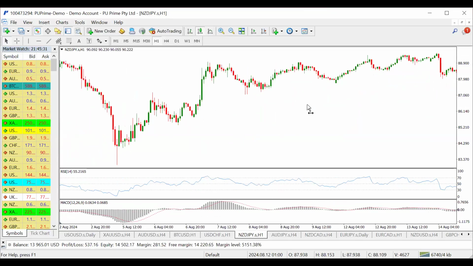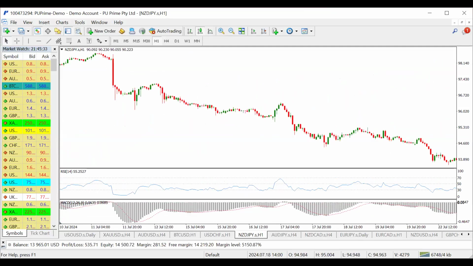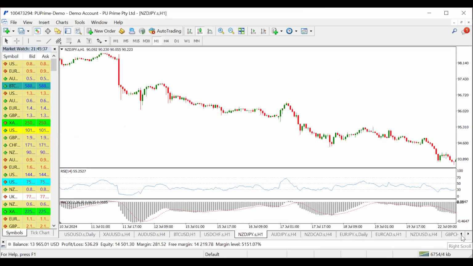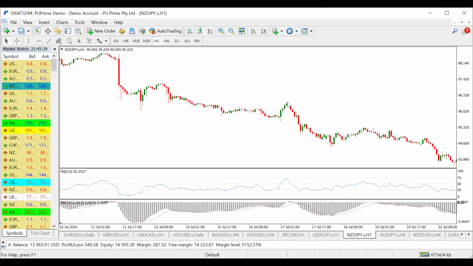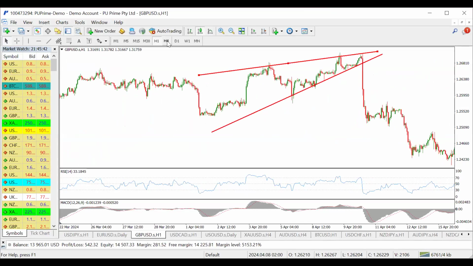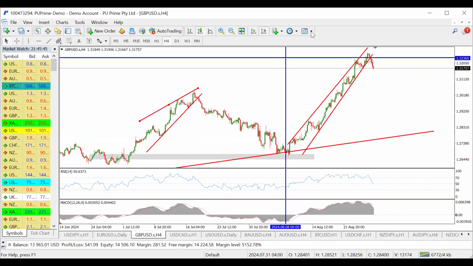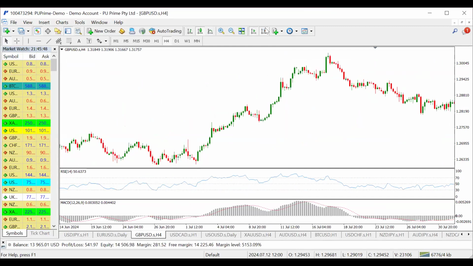Okay, I just remembered, there's actually another double bottom on GBP USD some weeks ago. A couple of weeks back, yes. Now let me clean off all this so that we can see it.